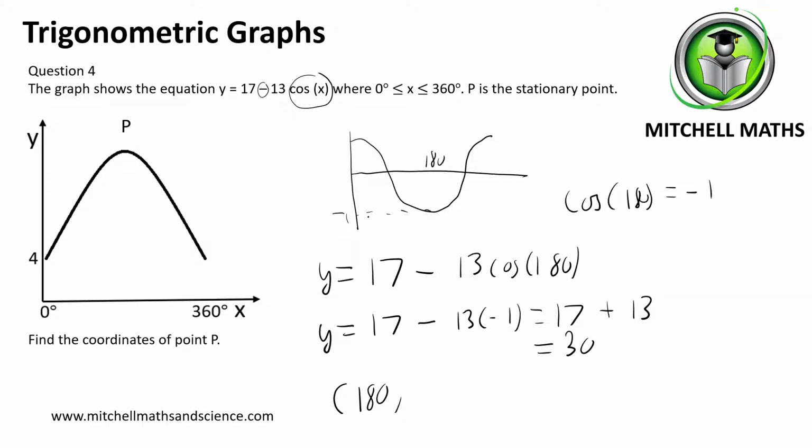Because a minus times a minus is a positive, that's why we need it at 180. And when we put cos 180 in, which gives us -1, then our y value is 17 plus 13, which gives us 30. So our y coordinate at that point is 30.